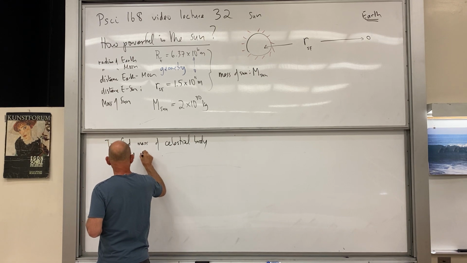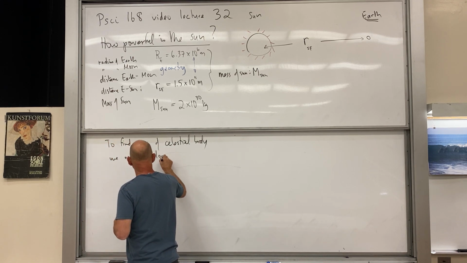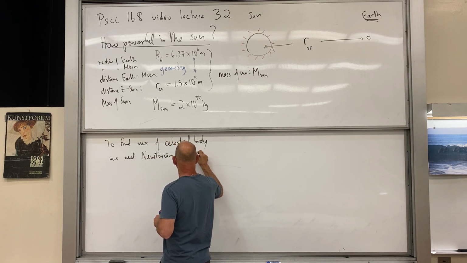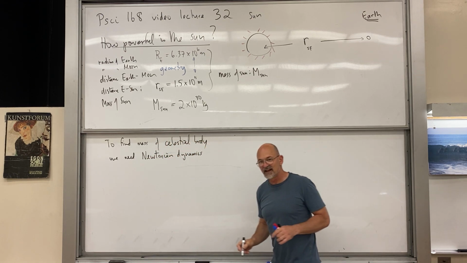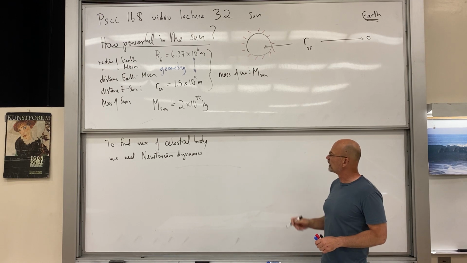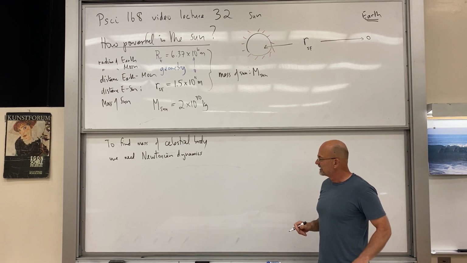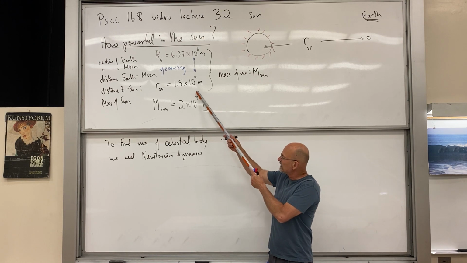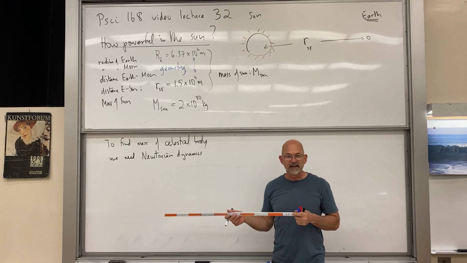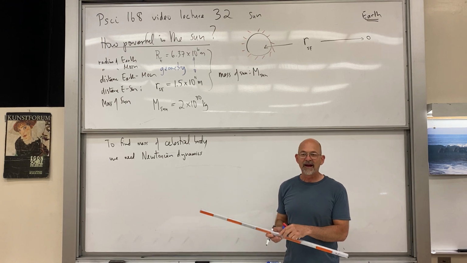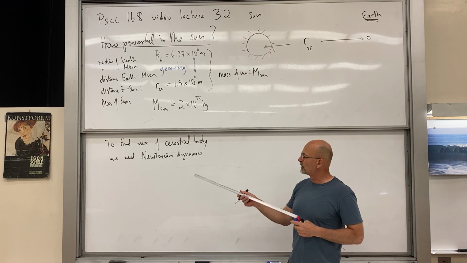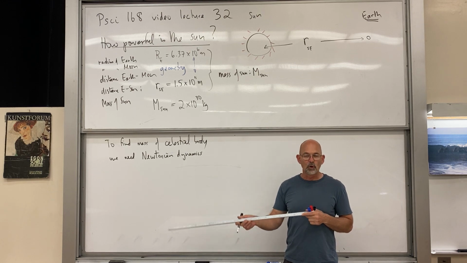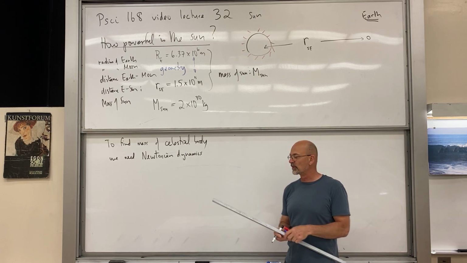We need Newtonian dynamics. The mass was always a dynamical quantity when we introduced it. And in this case, it turns out that if you know the distance to the sun and you know how long the orbit takes, you immediately know the mass. Same thing if we know the distance from the Earth to the moon and how long it takes for the moon to orbit the Earth, we know the mass of the Earth.